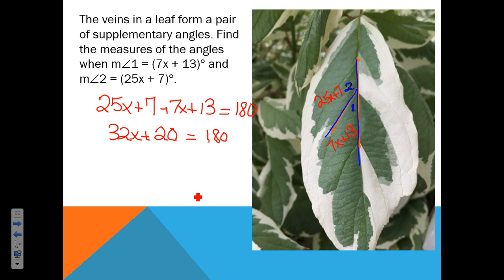Straight lines, so what kind of angles are these? They're a linear pair. Very good.